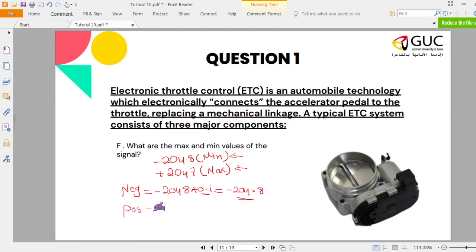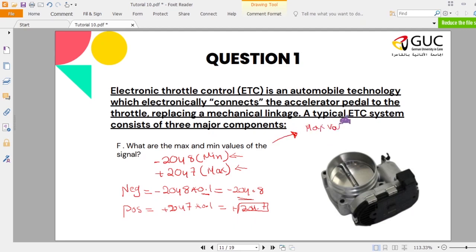This is the minimum value, and in the positive side 2047 times 0.1 equals positive 204.7. So this is the maximum value. I should be writing it in a better way.